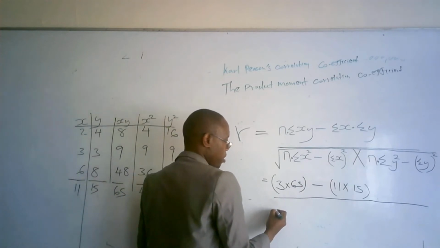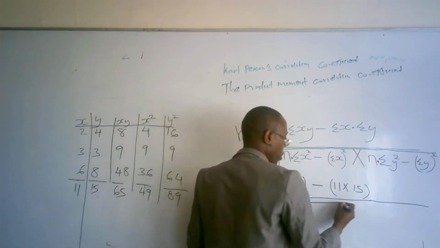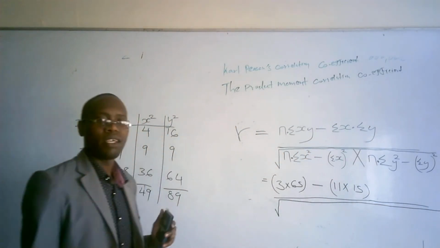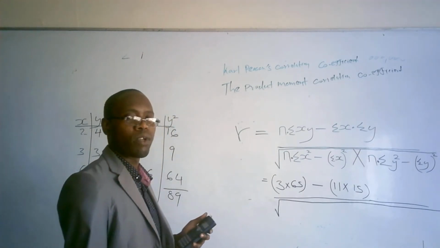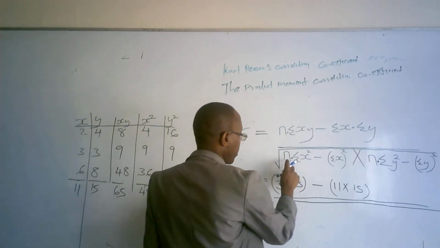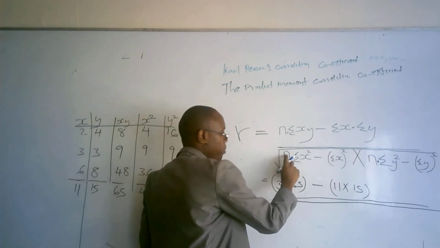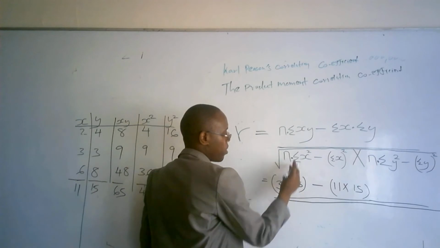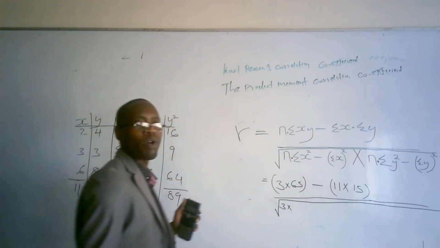So it's better we have this square root at the far end under the denominator, because you see the denominator has that particular square root. So what we do then is this n under the square root here. It's going to be n, which is 3, dot, which means multiplication, multiplied by summation x squared.